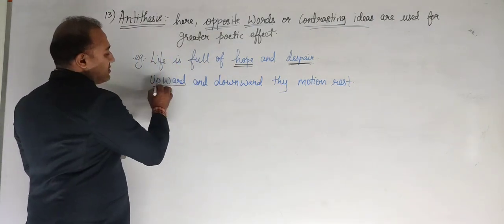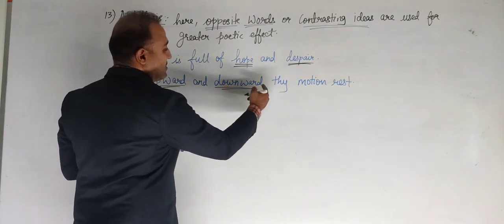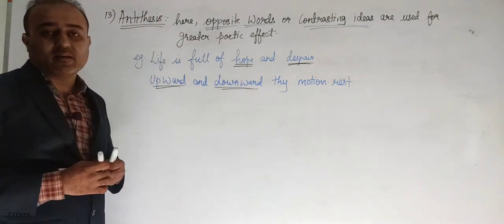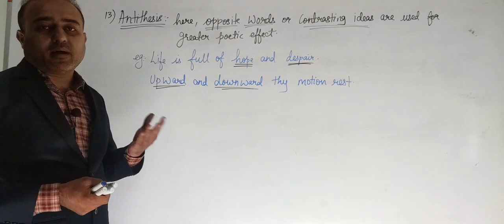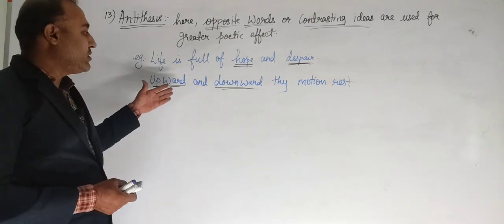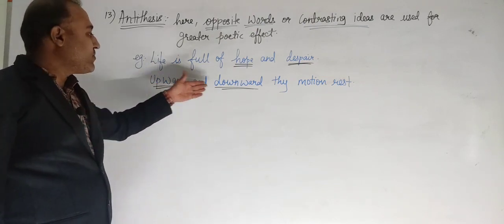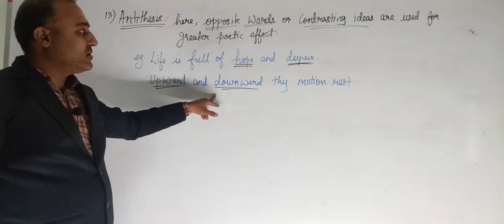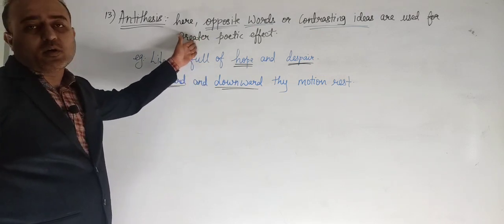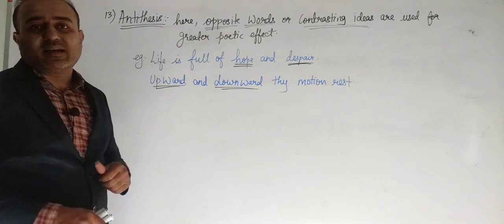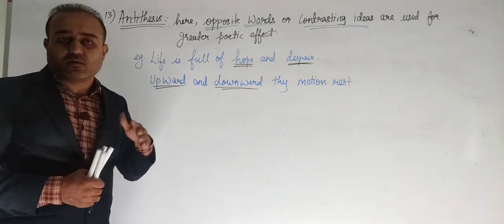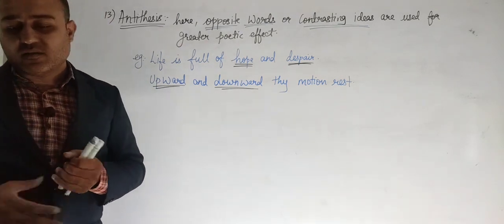The opposite words upward and downward are used in the single line or a sentence, and as I have already told you, when the opposite words are used in the same sentence for poetic effect, the figure of speech is antithesis. Okay, so I hope this figure of speech is clear to you all.